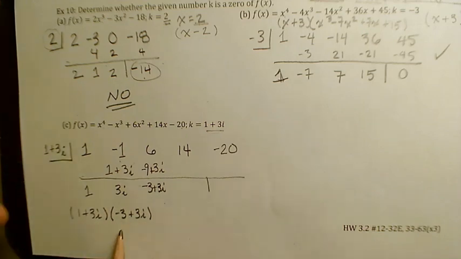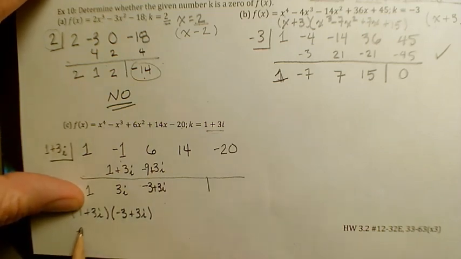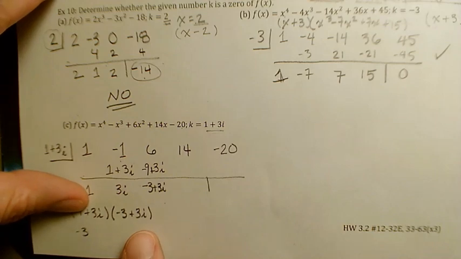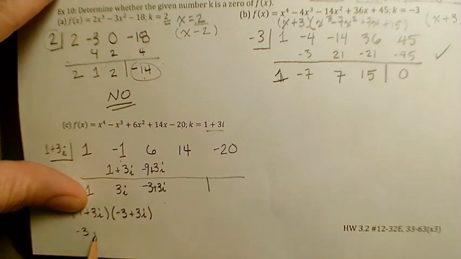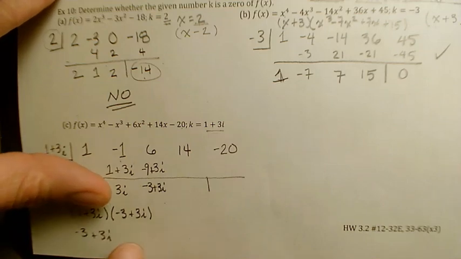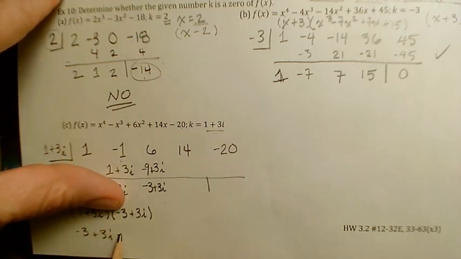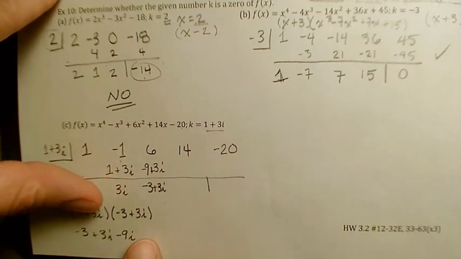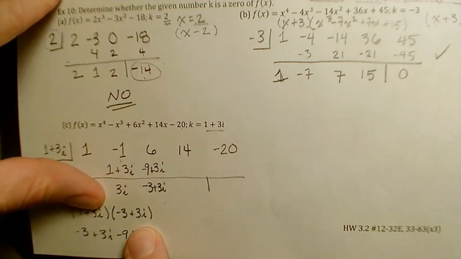So that's going to give us the first, -3, the outer is plus 3i, the inner -9i, and the last together, that's 9i squared, so -9.